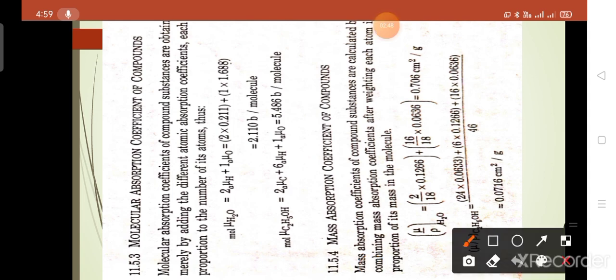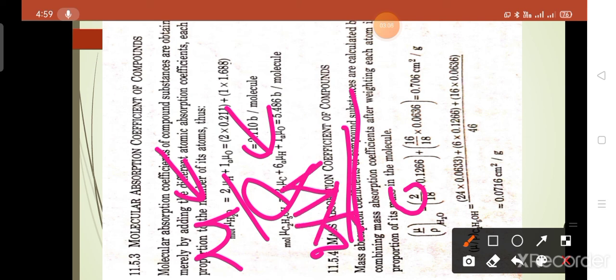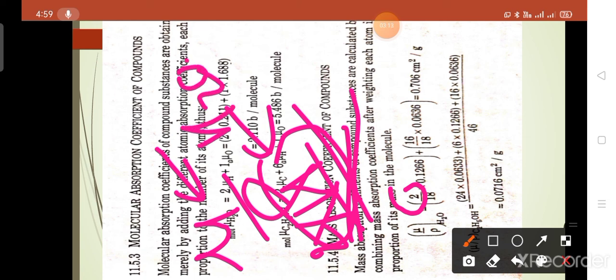The mass absorption coefficient is denoted by mu by rho. The reduced mass of the hydrogen atoms is 2 divided by 18, where 18 is the atomic mass of the water molecule.